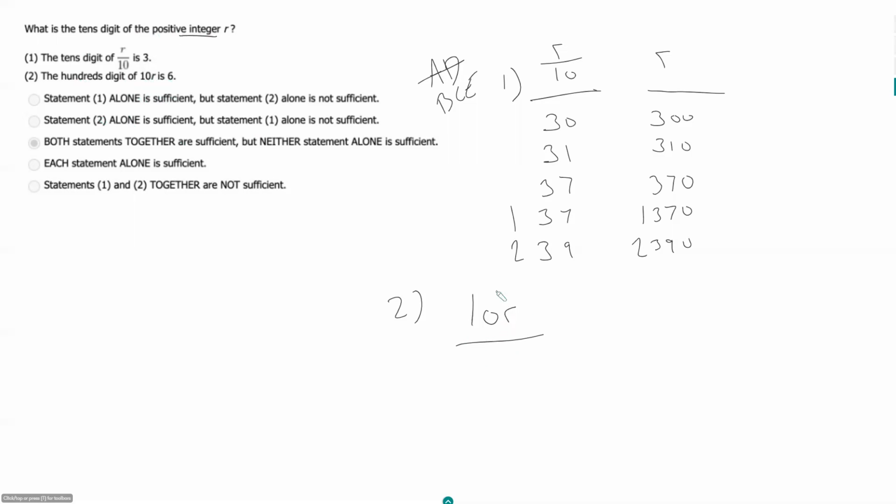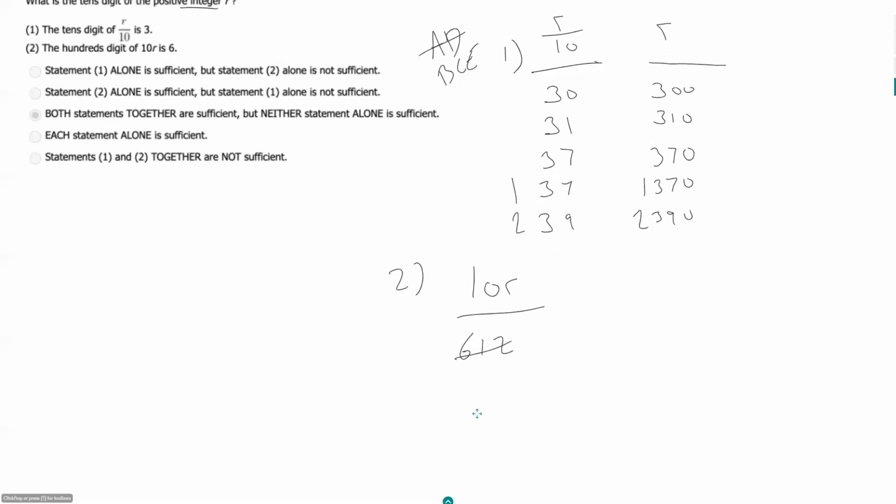So we can only come up with values here that are multiples of 10. In other words, they have to end in a 0. We can't come up with, for example, 612, because this is not a multiple of 10, so that wouldn't work.